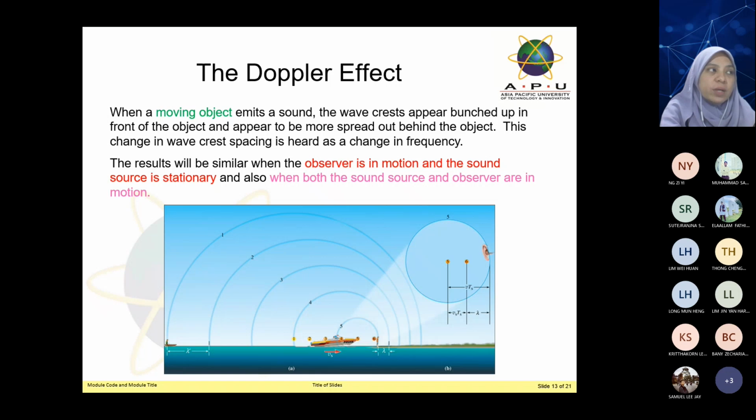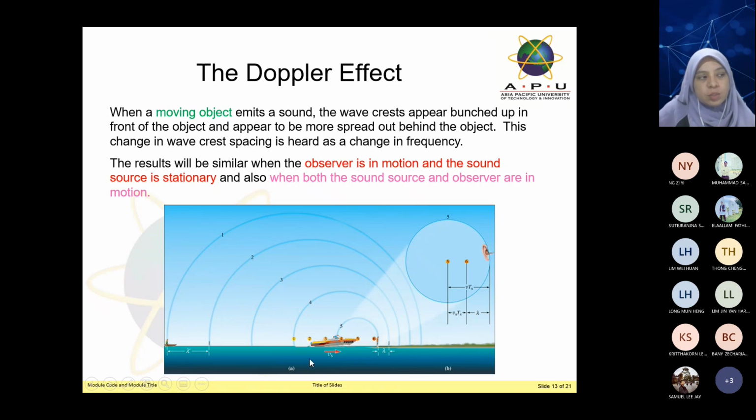This change in wave crest spacing is heard as a change in frequency. The result will be similar when the observer is in motion and the sound source is stationary, and also when both the sound source and observer are in motion.